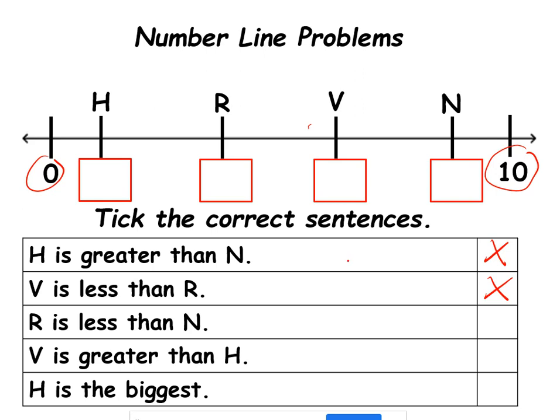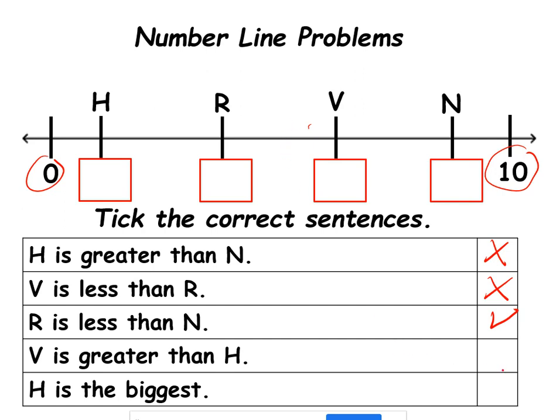R is less than N. This is R, and this is N. Yes, R is less than N. V is greater than H. V is close to 10, and H is closest to 0.